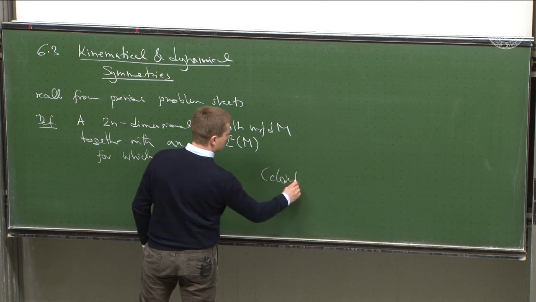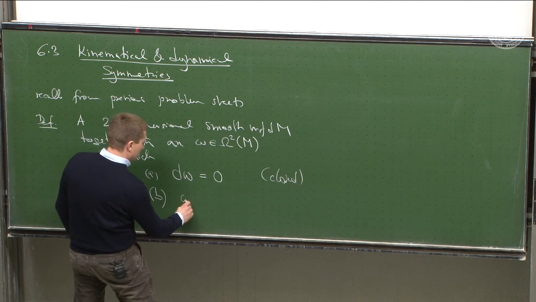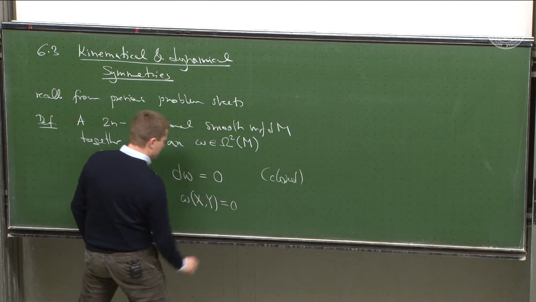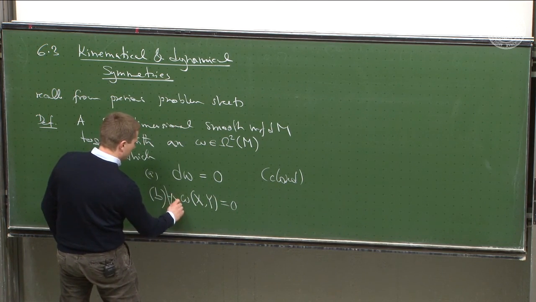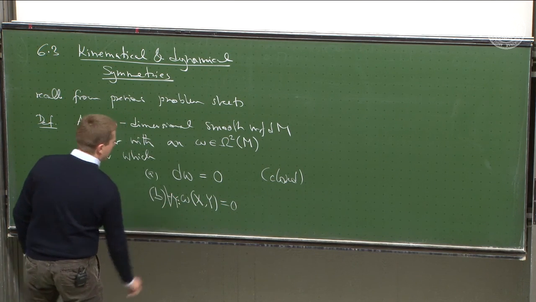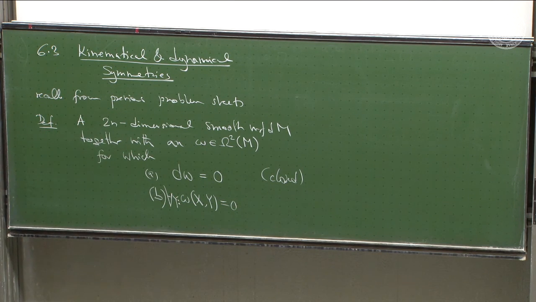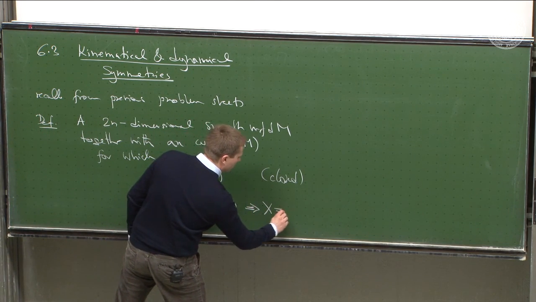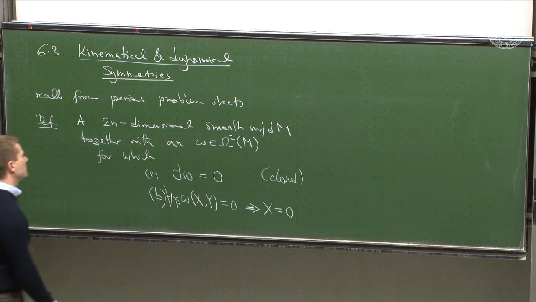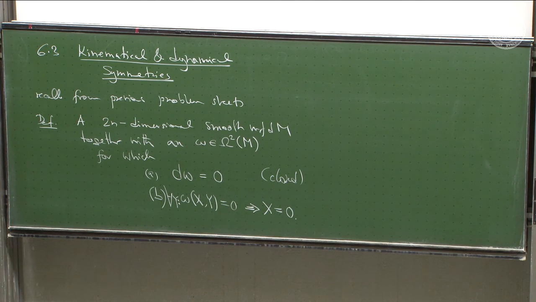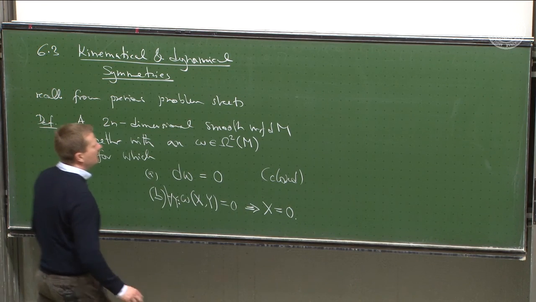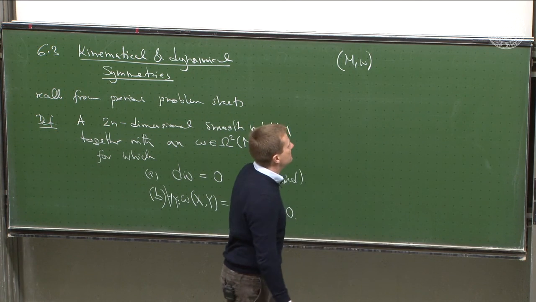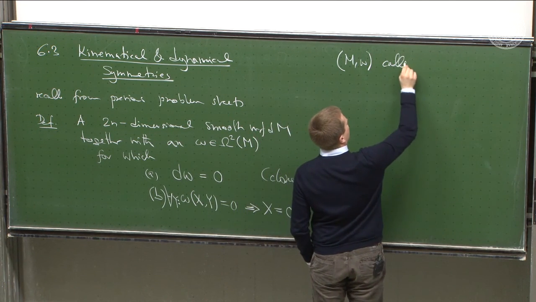Non-degeneracy here means that if you have omega(x, y) equals 0 for all y, where y is a vector field on this manifold, then you can already conclude that x is 0. That's a non-degeneracy condition. And such a pair, M with omega, satisfying these conditions, is called a symplectic manifold.